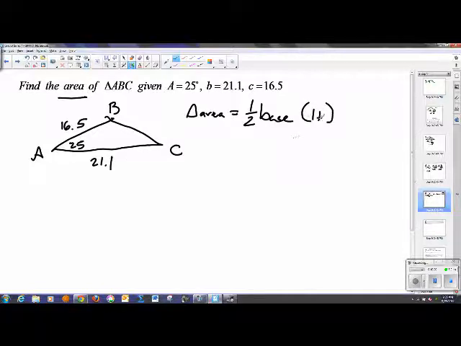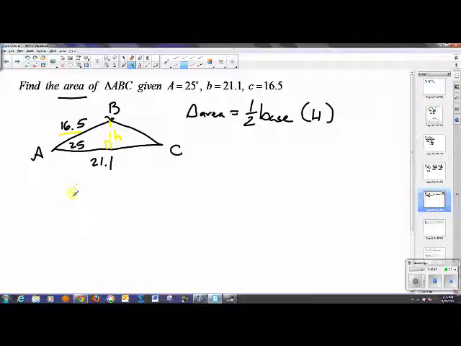Right? So if I know that, then all I really need is the height of this triangle. And I know my height can be found by dropping an altitude in. So all I need to do is find this height. Well, fortunately, I have a hypotenuse, an angle, and I just need its opposite side. So I'm just going to find h.